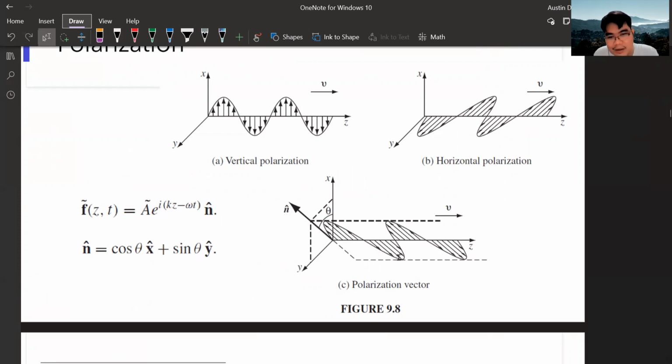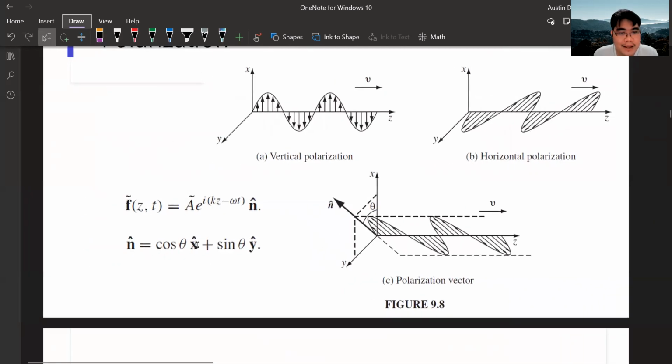It is hard to imagine here. The ones I am pointing at are at the back, and these two are closer to us. Then, you can define that polarization vector by cosine theta x hat plus sine theta y hat.